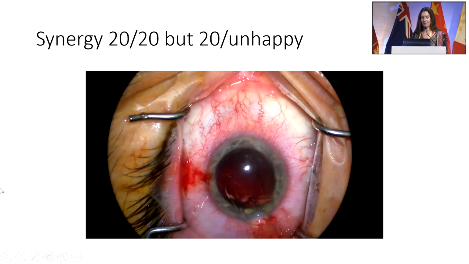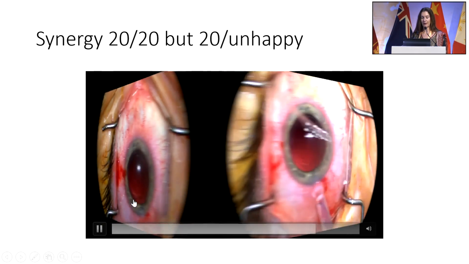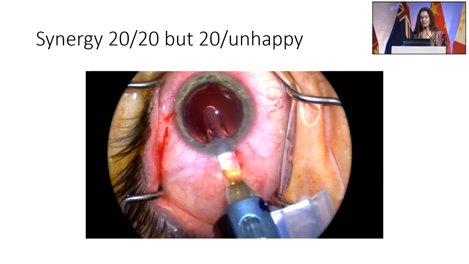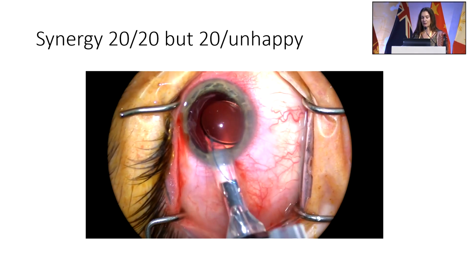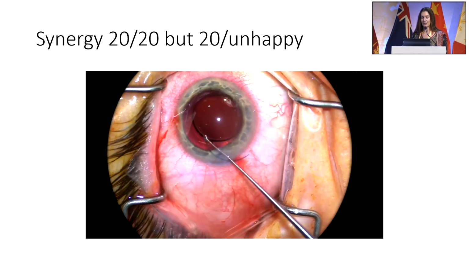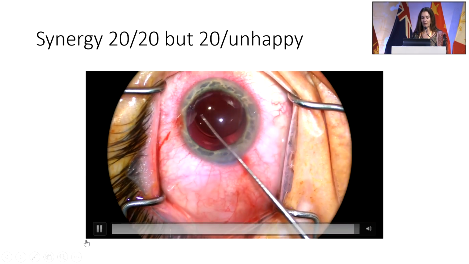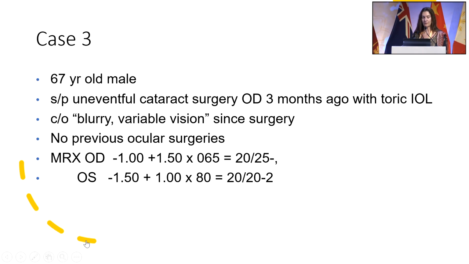And remove that lens, and then basically I'm going to implant the light adjustable lens. It goes in, it's a 3-piece lens, and it fits nicely. The nice thing is that you can place it either in the bag or in the sulcus with optic capture. Both of those ended up 20 happy.